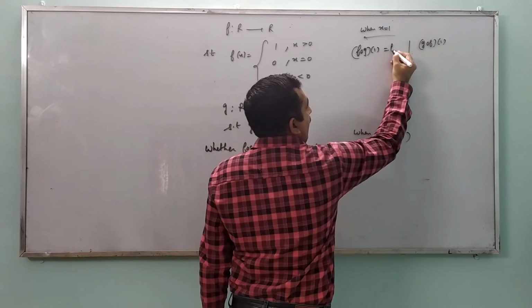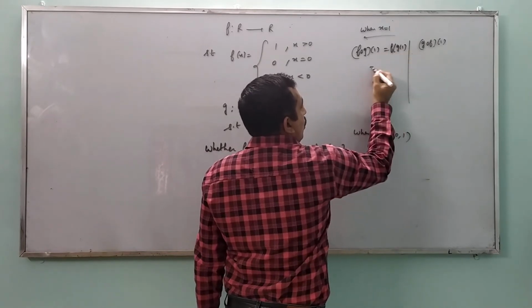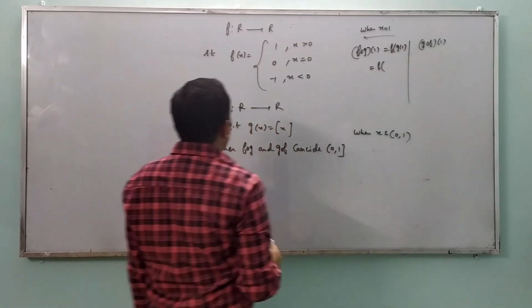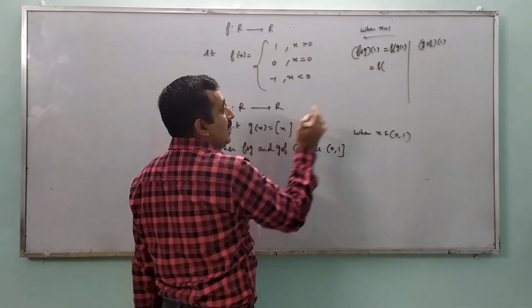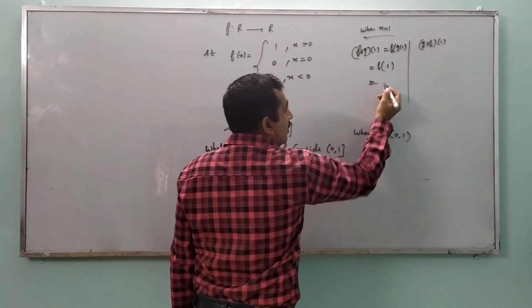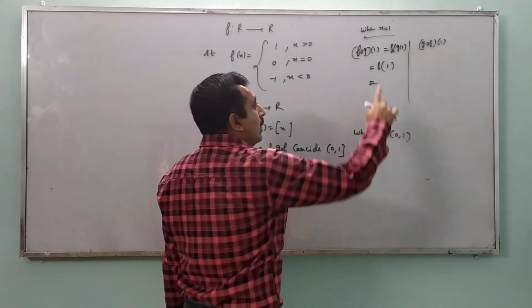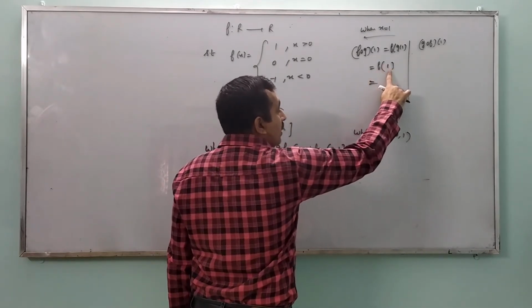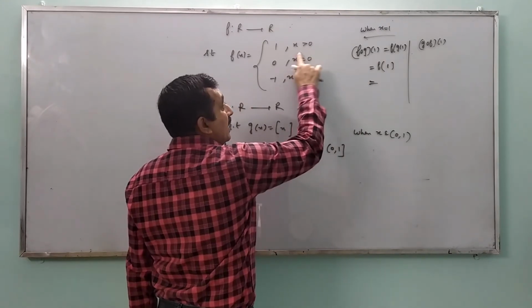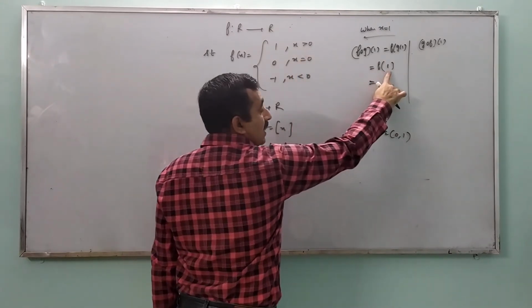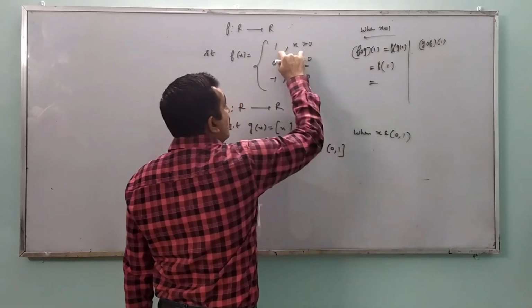Firstly, f of g at 1. We write the value of g(1). If I put 1 here, I get greatest integer of 1, which is 1. Now f(1): 1 is in the domain x greater than 0, so its answer is 1.